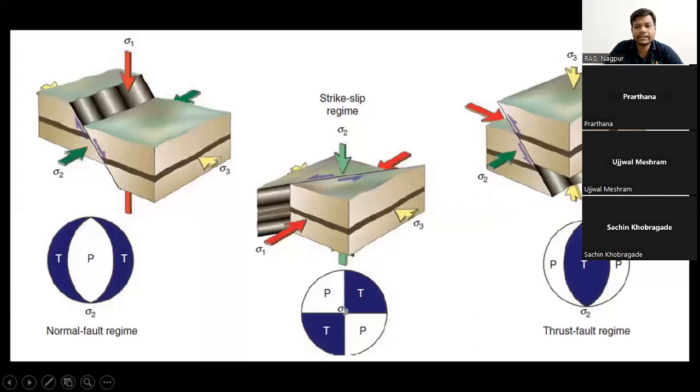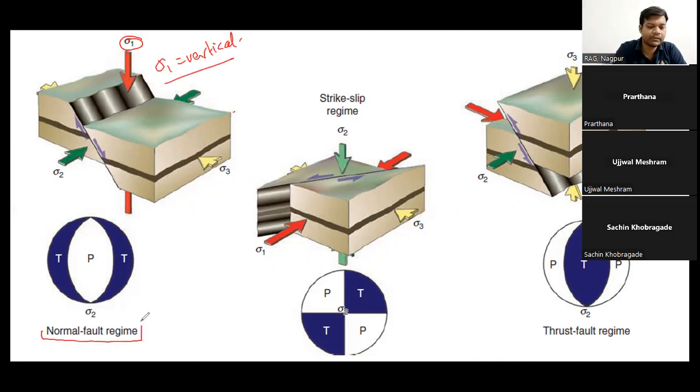Now you can see the sigma 1 direction. When sigma 1 is the maximum and vertical, there will be formation of a normal fault.